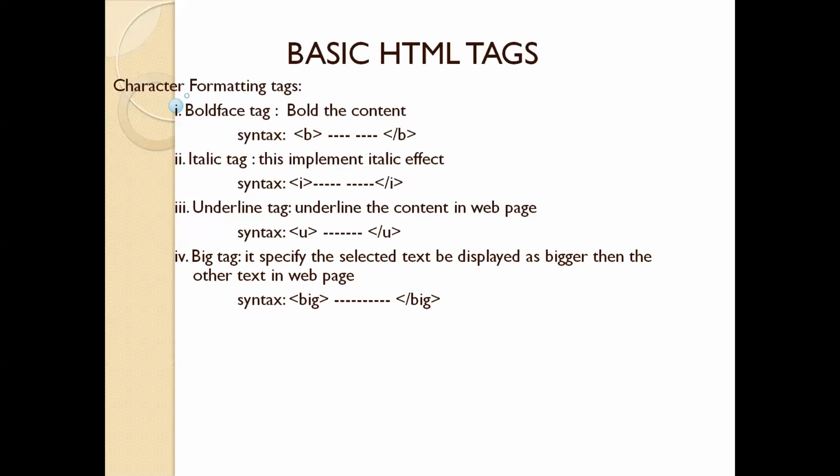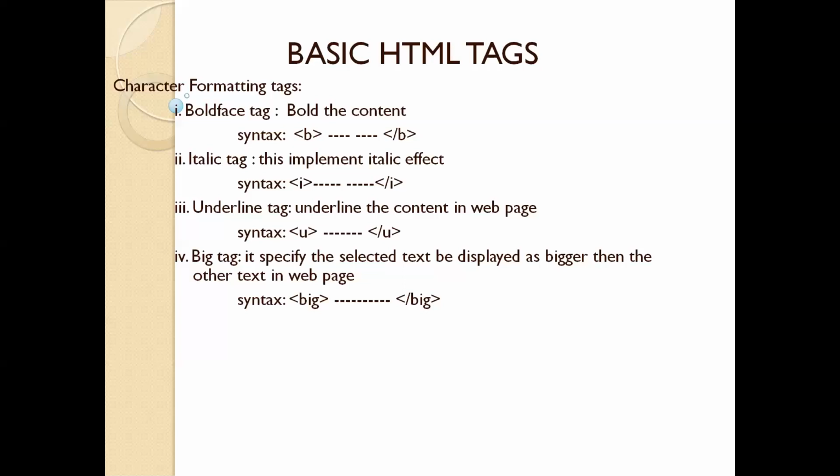Coming to the next tag, the big tag. It specifies that the selected text be displayed bigger than the other text in the pages. So we want to display some text with a higher font size. For example, I am writing a text on the web page like HTML means hypertext markup language, and I want to highlight hypertext markup language.